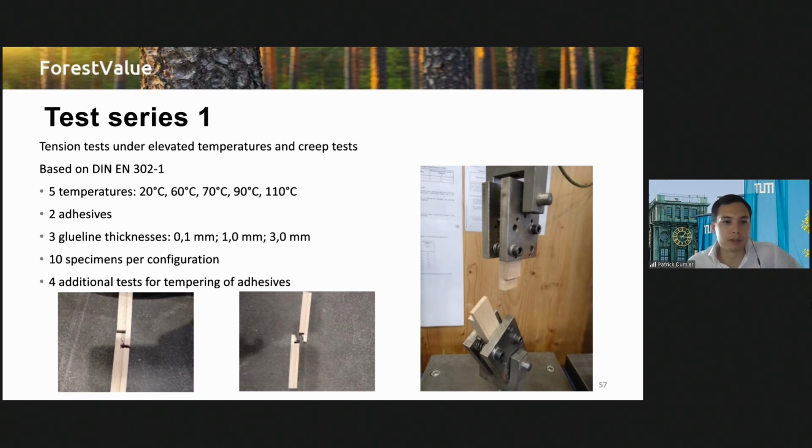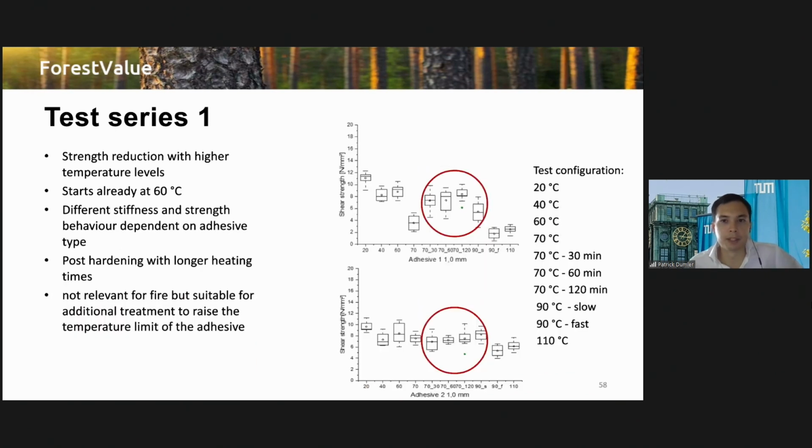But the results also showed that we had a post-hardening effect due to the heating duration in the tension test under elevated temperatures. So we conducted four additional tests to investigate tempering. Here you can see some of the results. These are specific to the glue line thickness of 1 millimeter. On top is adhesive 1, and in the bottom diagram you can see adhesive 2.